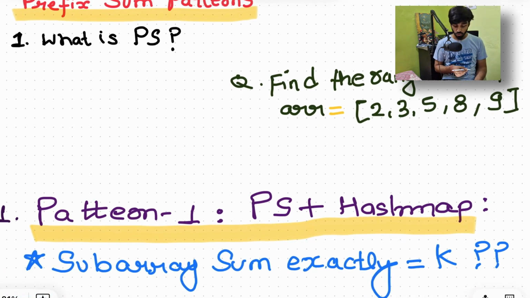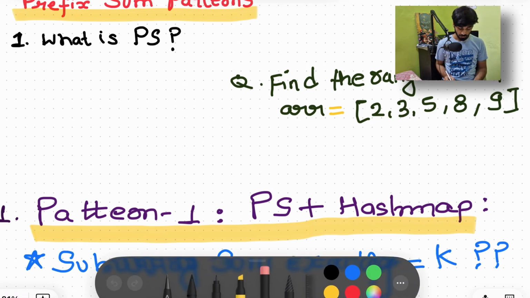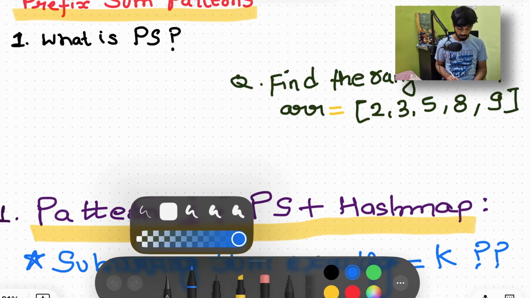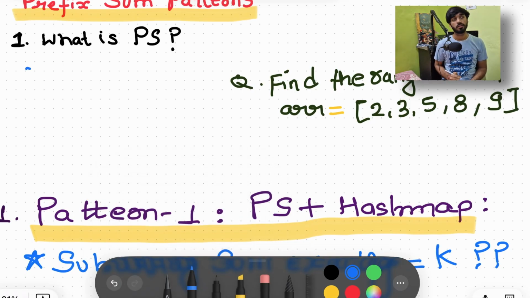Firstly, before going to the patterns, let us analyze what prefix sum actually is. You might have heard in statistics that you find the mode by cumulative frequency, right? Prefix sum is similar, that is, it is a cumulative sum.